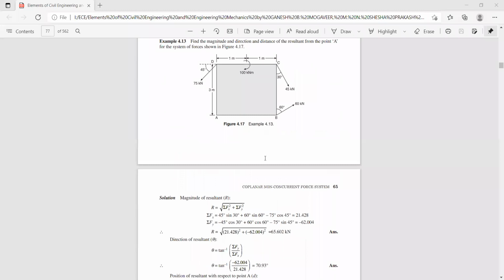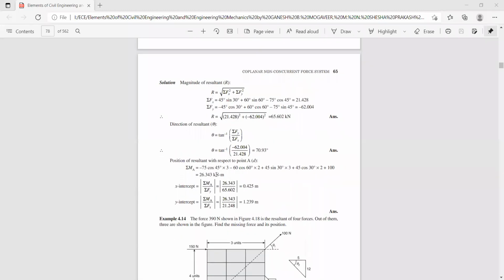So don't multiply with the distance. Thereby you get the sum of moments as 26.343 kilonewton meter. Then once you get the sum of moments, you can find the position of the resultant D, that is nothing but sigma MA divided by the resultant value. Then you can find the x and y intercept.